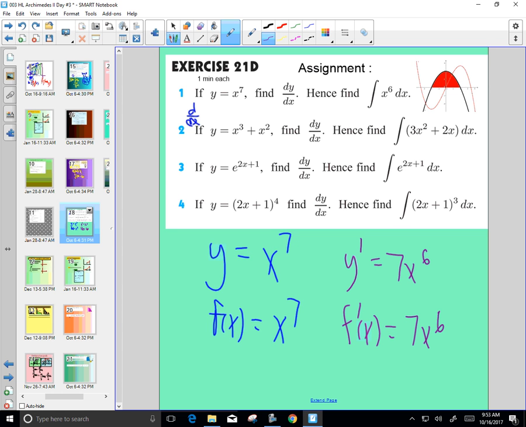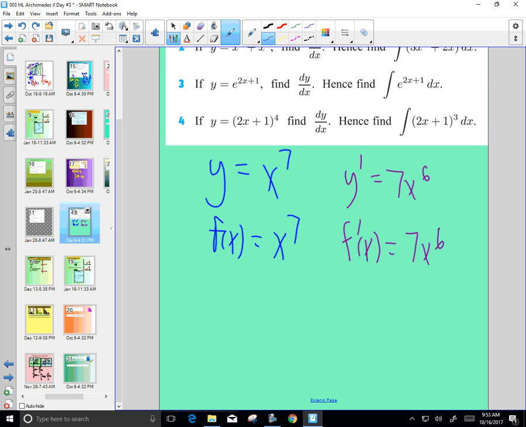There's one other one that I want you to be aware of, and that is you could do d dx of f of x, and that is the same thing as 7x to the 6th. All three of these mean the same thing because y and f of x mean the same thing. This is a new one. It has to do with differential equations that we'll get to later. Oh, one other. What's f of x the same as?